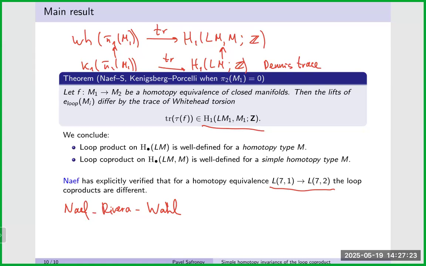Now, to show how the Euler structure changes, what we use is that this Whitehead torsion is related to simple homotopy types, which are about being able to write your space as a union of disks. If you have a finite CW structure, your space is a union of these cells.